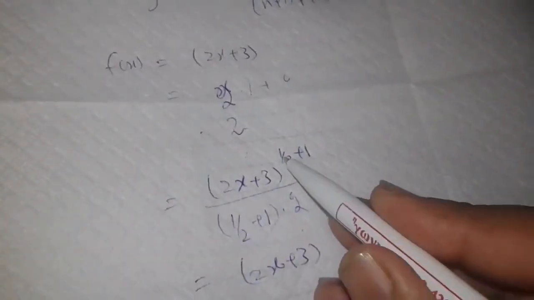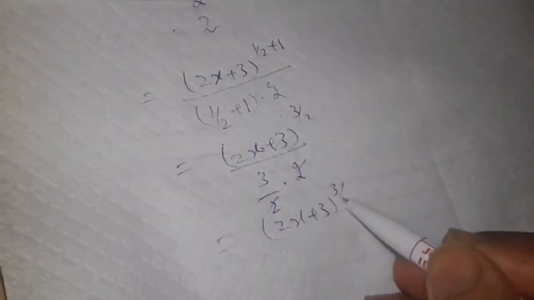By solving, 1/2 + 1 is equal to 3/2. Here 3/2 multiplied by 2, the 2 cancels by 2, and the new function becomes (2x + 3)^(3/2) over 3, or we can say 1/3 into (2x + 3)^(3/2).